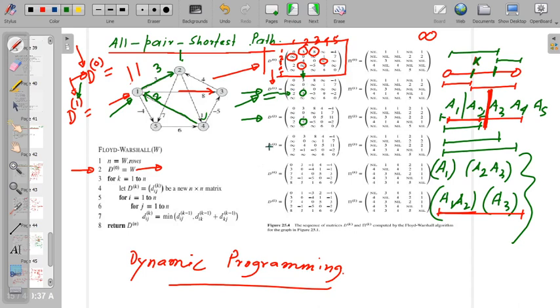Now you see in this D3, that means via 3, I can reach 2 with some other cost from 4.